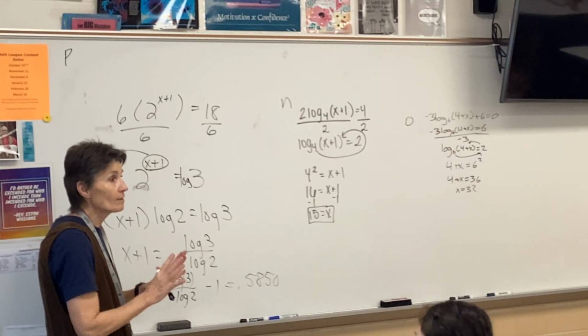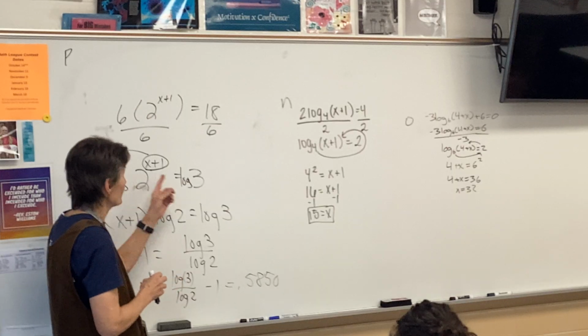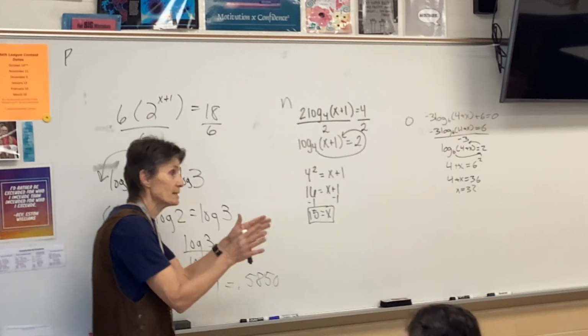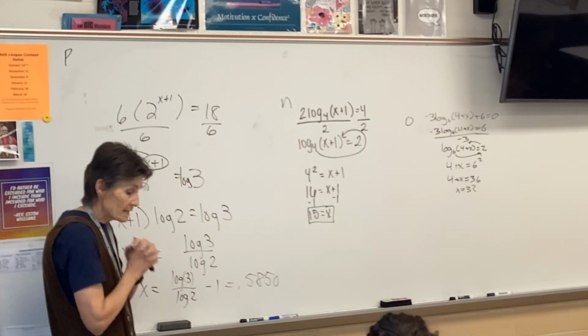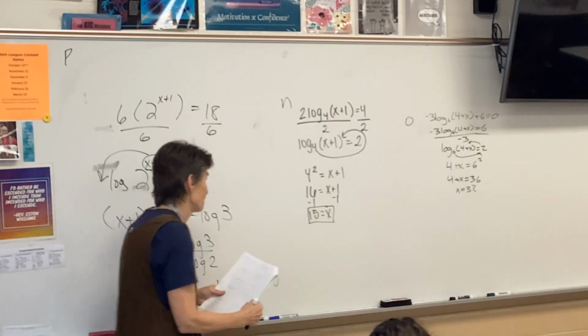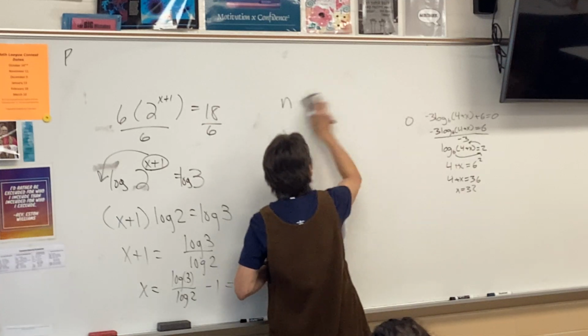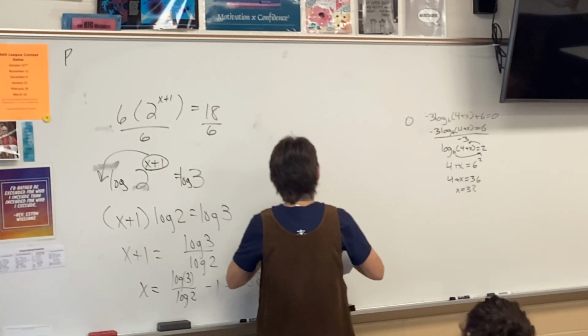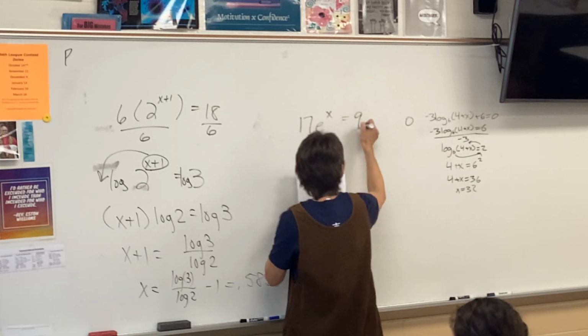So the moral of the story is, when you take the logarithm of both sides, you can take whatever logarithm you want. In problem B, it will be handier to use an ln because the problem has an e in it already.